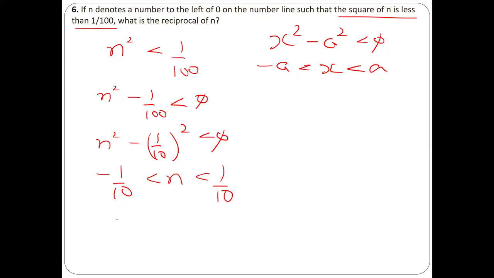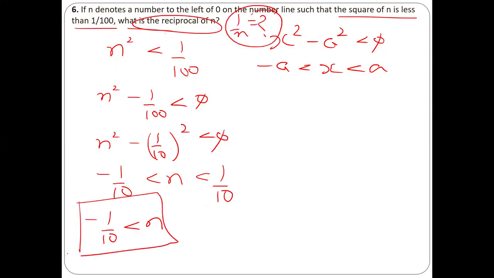So basically, minus 1 by 10 is lesser than n, and obviously n is lesser than 0. We have to find out the value of 1 by n. Given this, how do we find out the value of 1 by n?